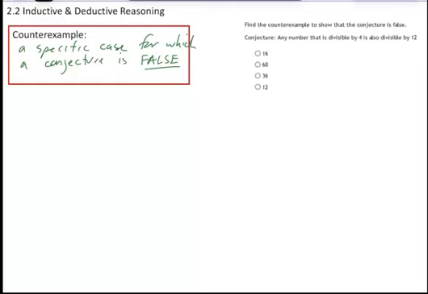Okay, so if you have a statement or a property and then you see an instance where that is not true, okay, that is what a counterexample is.